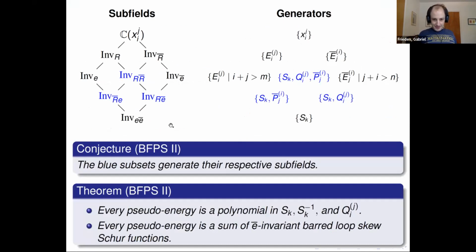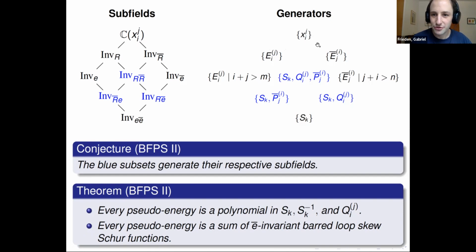So this is the final picture that we end up with. I didn't really have a chance to say what this is, but the ring of loop symmetric functions is the ring of R invariants.